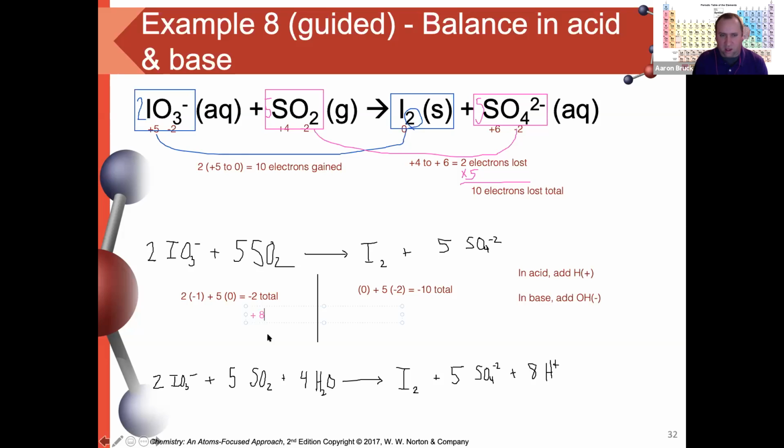So 8 hydroxide ions, which would give a total of -10 to the reactant side to match up the -10 on the product side. And then to counterbalance those hydrogens, I would have to add 4 waters.